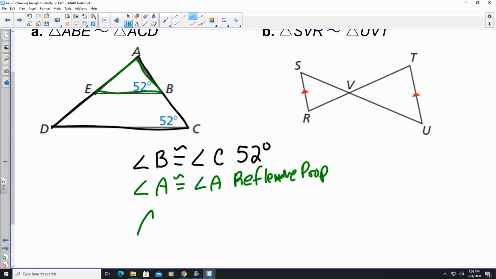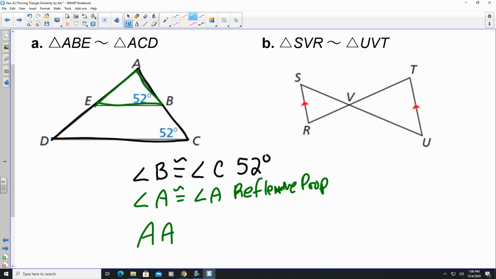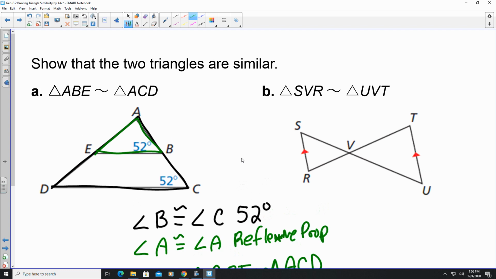So by angle-angle similarity, triangle ABE is similar to triangle ACD. Looking at B, there are no angle measures for these two triangles. The only thing they tell us is that SR and TU are parallel.